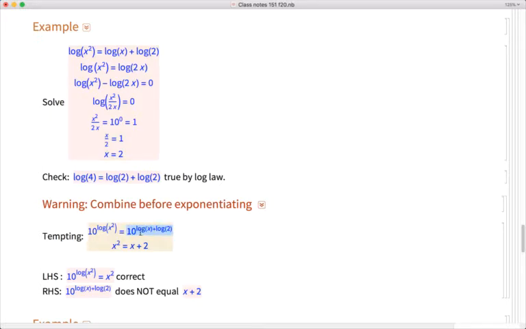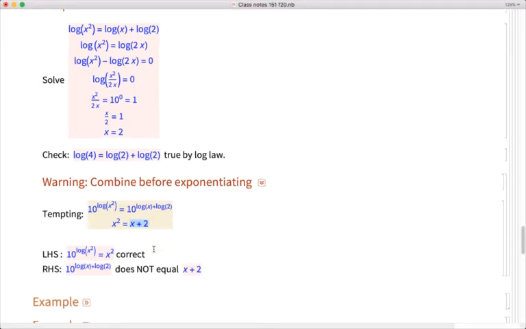It's not wrong to do that, but this next step is incorrect. The left-hand side is valid. We get cancellation there. But the right-hand side is not valid. 10 to the sum of two logs is not the sum of these two things. So I've spelled it out right here. So the advice here is to try to make sure you combine your logs before you exponentiate.